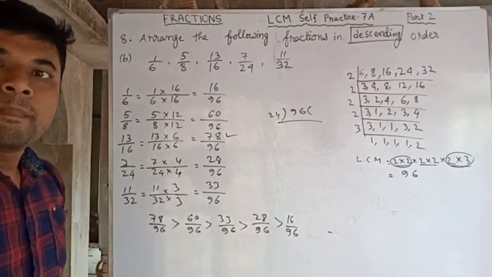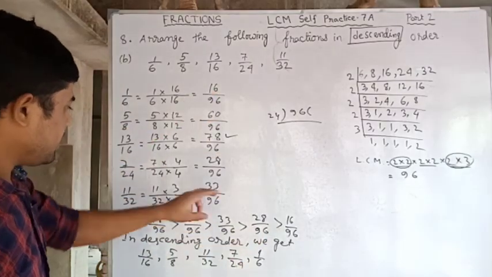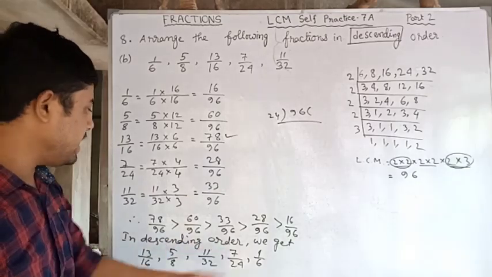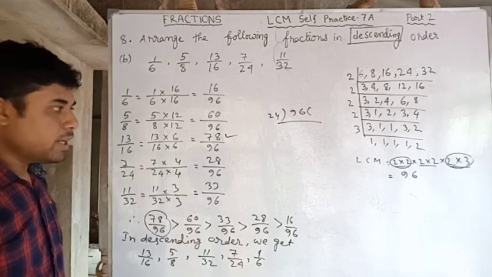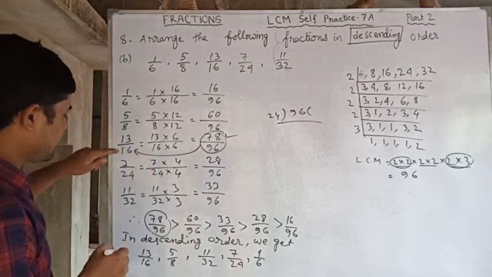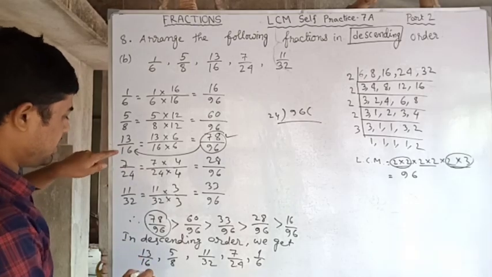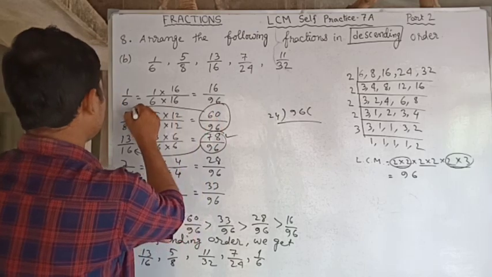So first write this. You see now in descending order we get this. This is not given in your question. 78/96. So 78/96 is equal to 13/16. So you have to write 13/16. Now 60/96 is equal to 5/8.